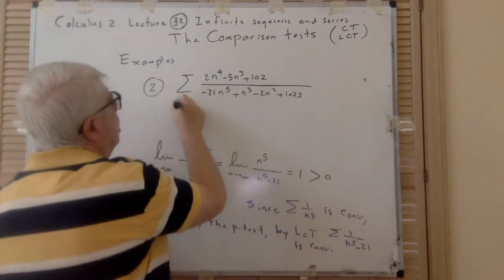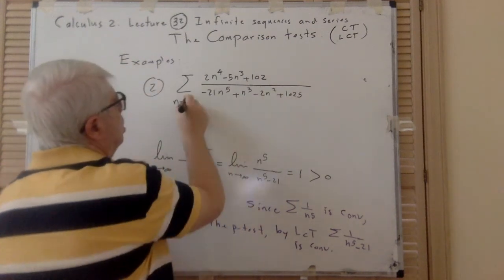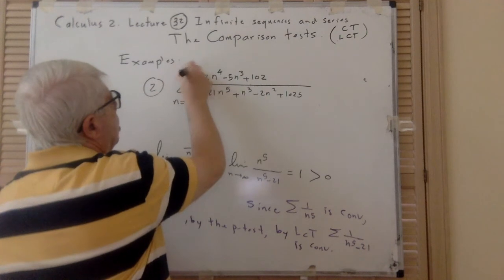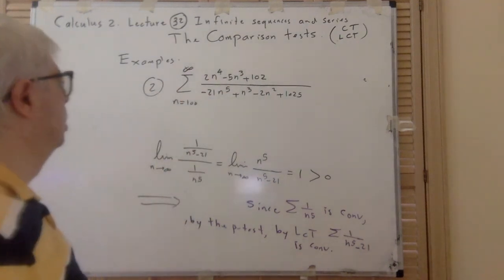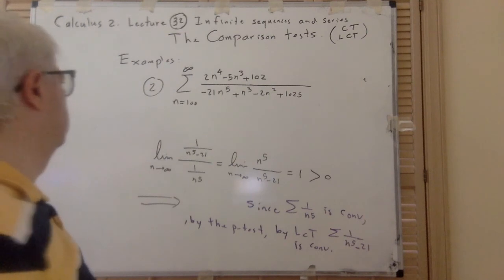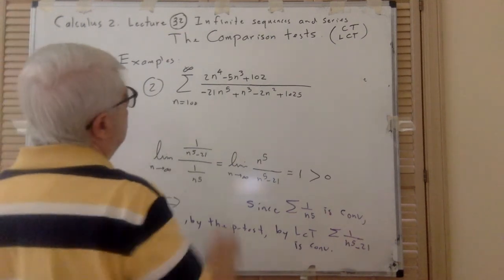And let's say n starts at, I don't know, let's say n starts at 100. I'm not sure at what n I will get a positive or negative number. Might be negative in the denominator.